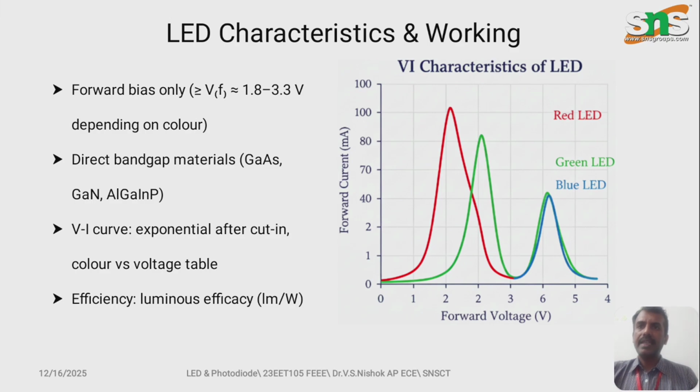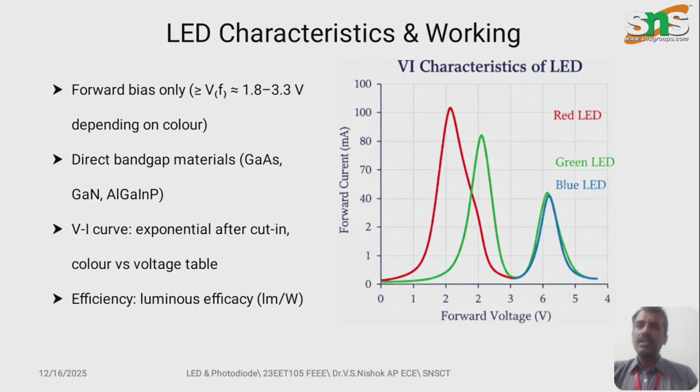So coming to the LED characteristics. Initially, as we told, it works on the forward bias condition. When the external supply voltage is above 0.7 volts, this LED starts to conduct. The current will increase linearly with the increase in the external bias voltage.